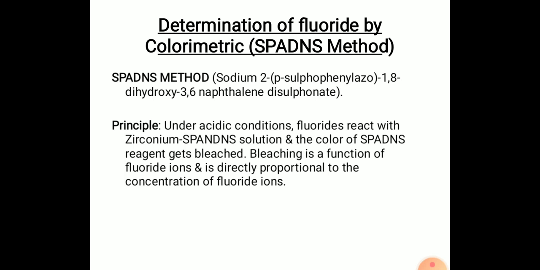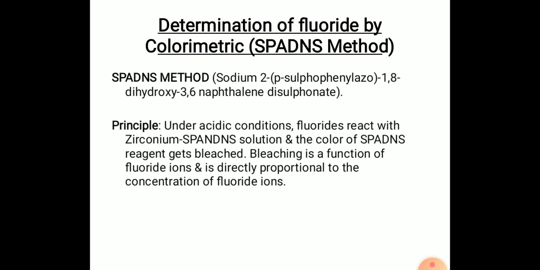As we know, fluoride is a bleaching agent, which is also used in Colgate to enhance the brightness of teeth. This bleaching is a function of fluoride ions, so it is directly proportional to the concentration of the fluoride ions. That's what we can calculate using this principle. You can determine the fluoride content.